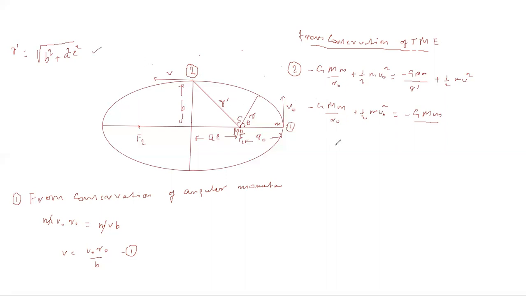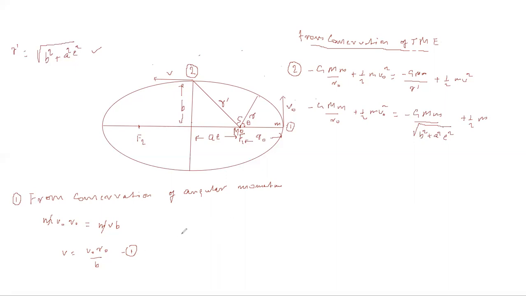Will take this one. So this would become under root of b square plus a square e square, plus we have half m. V will take from equation number 1.